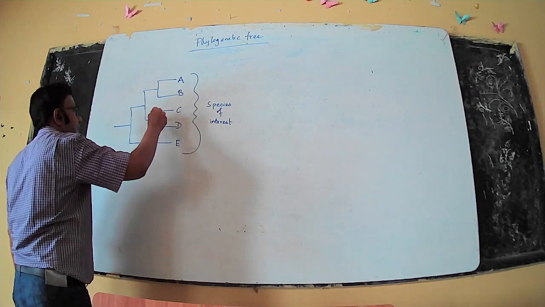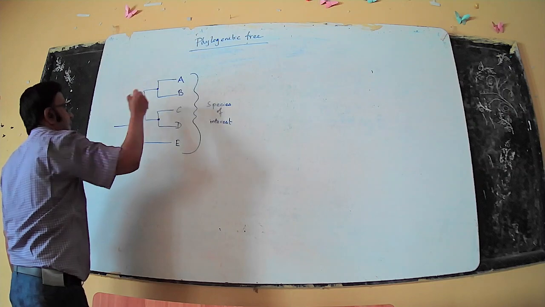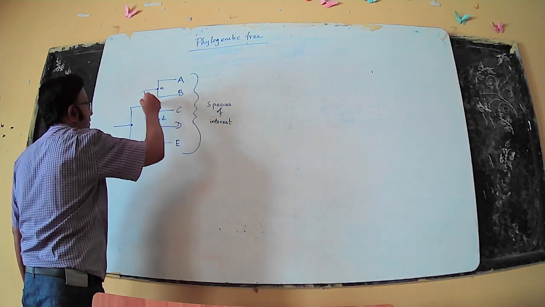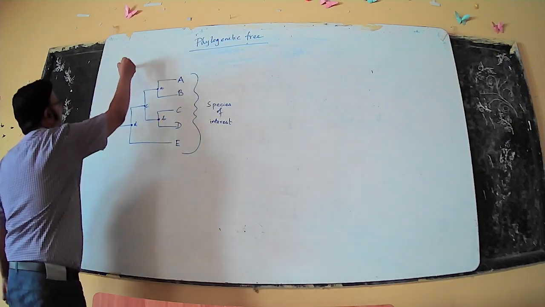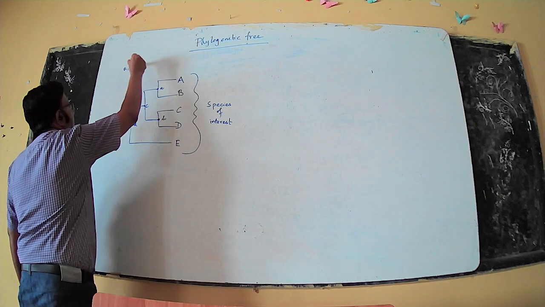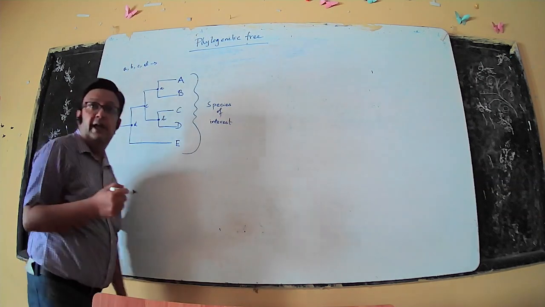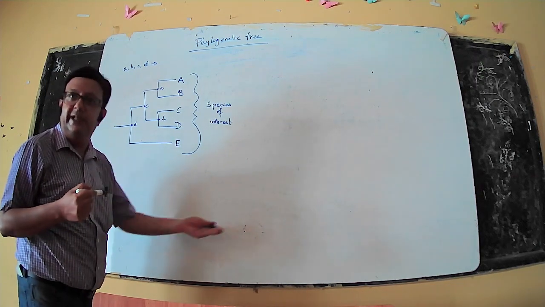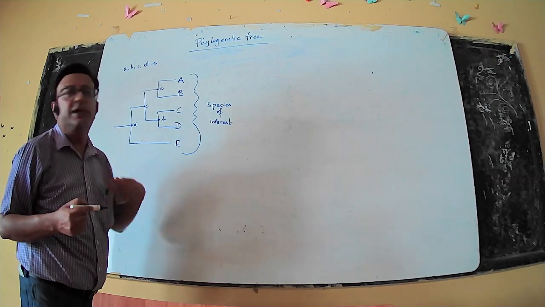And here, say small a, small b, small c, small d. They are hypothetical ancestors. You are making a hypothesis that they may have had a common ancestor. You may have a fossil record or you may not have.